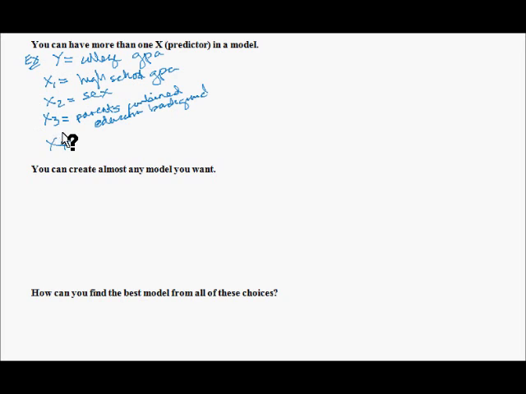Maybe parents' combined income. Maybe that has an effect too. Who knows? But there are lots of variables you could look at. So you have more than one predictor. So I could have y equals, for example, a plus b x1 plus c x2 plus d x3 plus e x4, and so on.